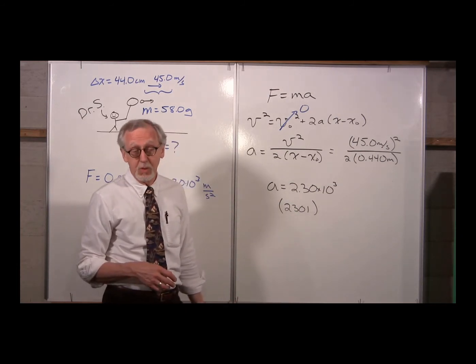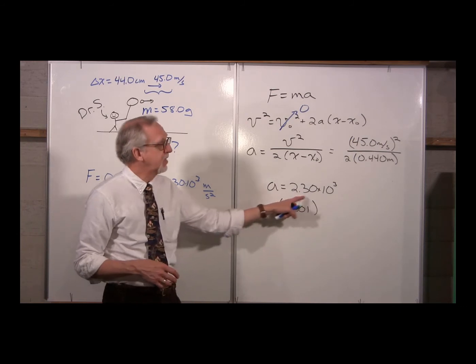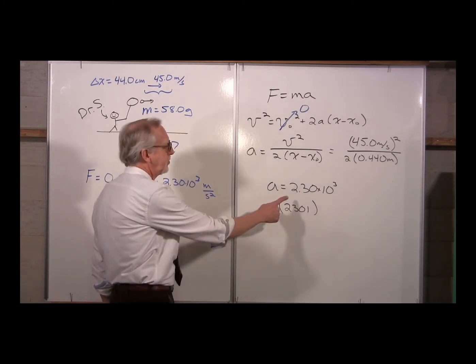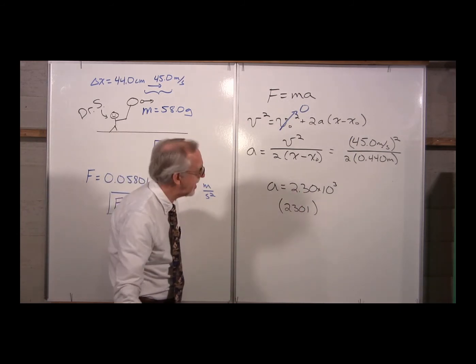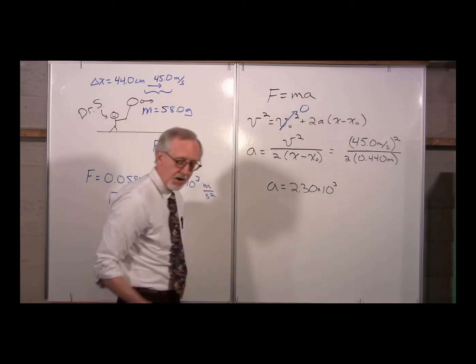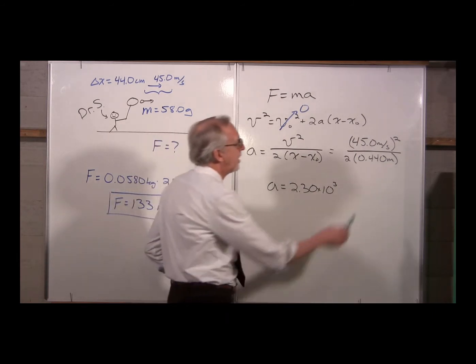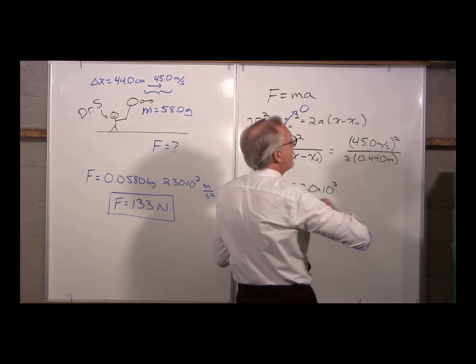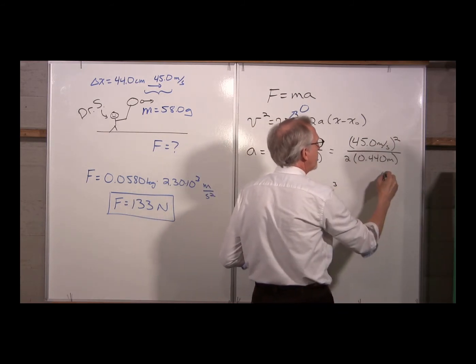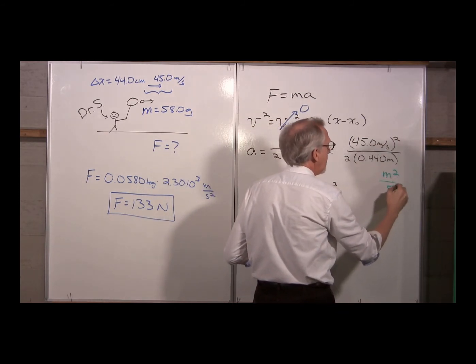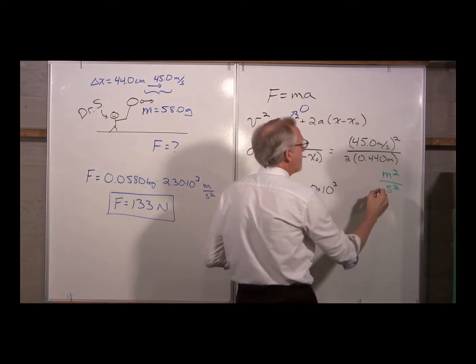Well, like we went over in the very beginning, we'll need to write that in scientific notation. So 2.30 times 10 to the 3, and then what are our units? Well, notice what we get. We're going to have meters per second squared, which gives us meters squared per second squared, divided by meters.